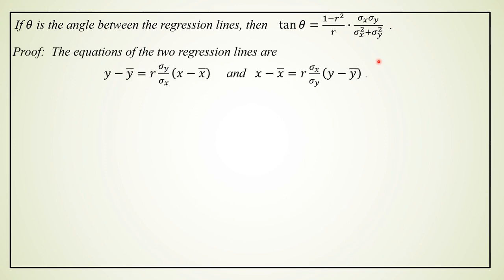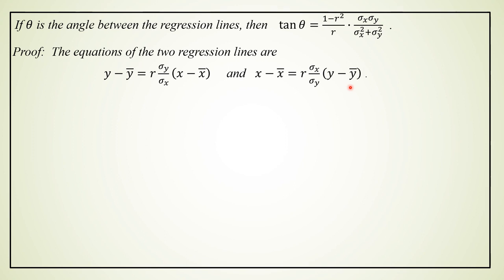So just consider the two regression lines, which are given by the expressions y minus y bar is equal to r into sigma y by sigma x into x minus x bar, and x minus x bar is equal to r into sigma x by sigma y into y minus y bar.